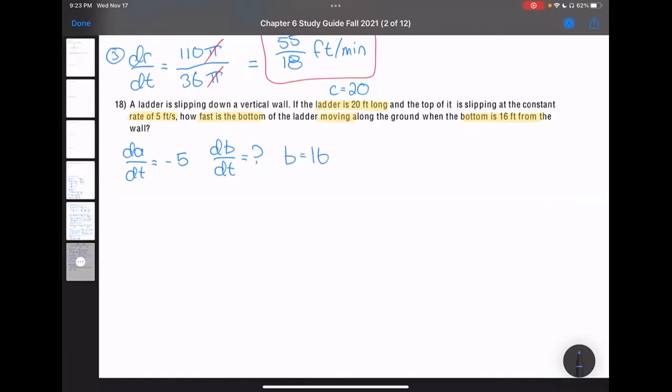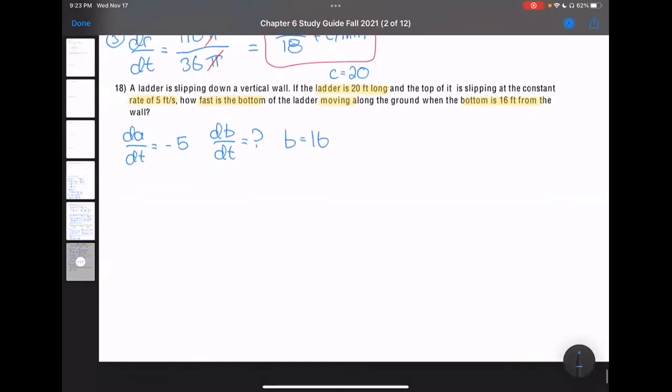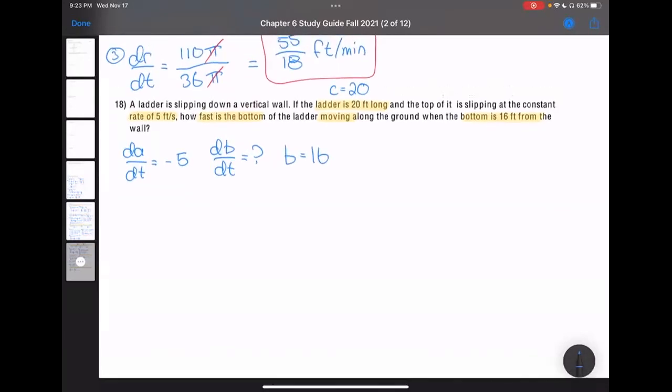So now we have a good chunk of information here to start putting together some sort of a picture. So I'm just going to draw that picture here now. Okay, so we have the ladder, which is 20. One of the adjacent sides, 16.